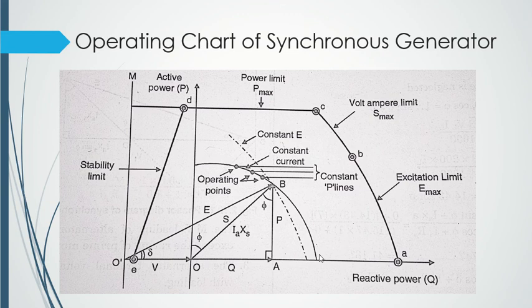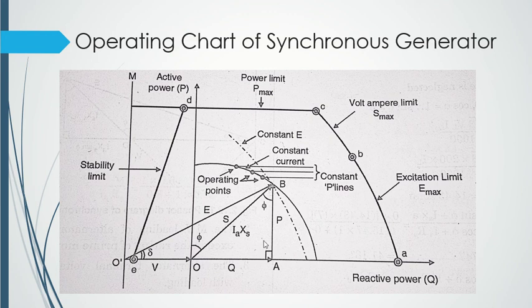Because the value of my S will be constant, right? I'm talking about this vector, guys. The value of this vector will be constant, and because of that, its locus will be a circle with the center as point O.